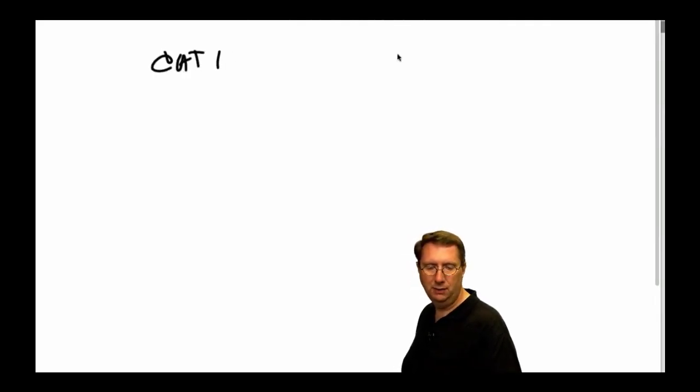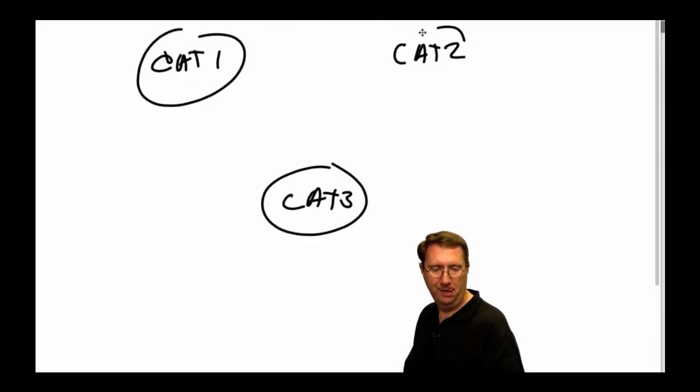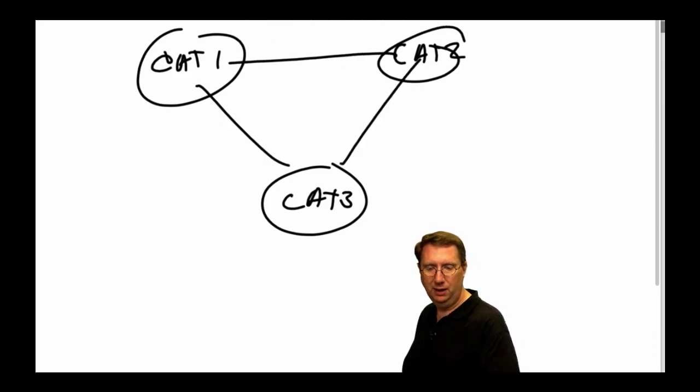So in a scenario where I have Cat 1, Cat 2, and Cat 3, like we illustrated before, and we're connected, and Cat 1 is the root bridge, this means we are designated and forwarding.